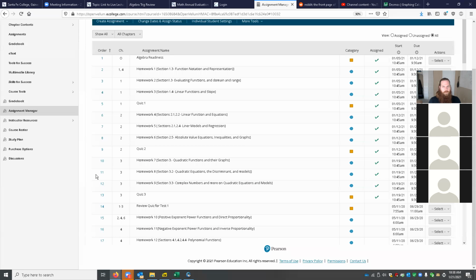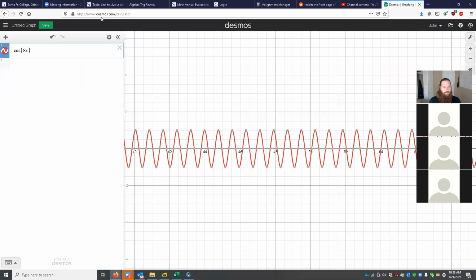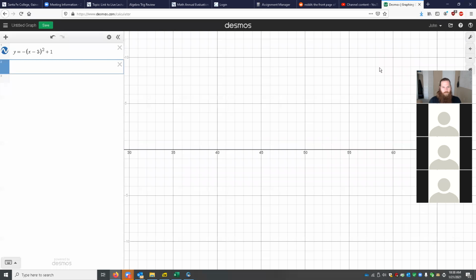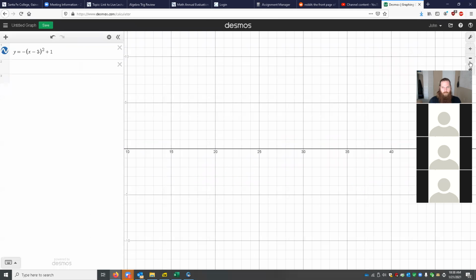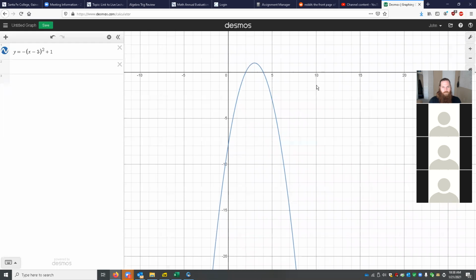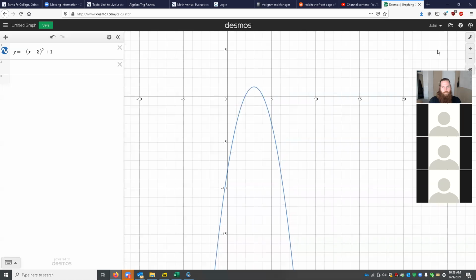Maybe I'll show you in Desmos something really quickly if we're having a hard time conceptualizing this. Here's a parabola looking an awful lot like my parabola.